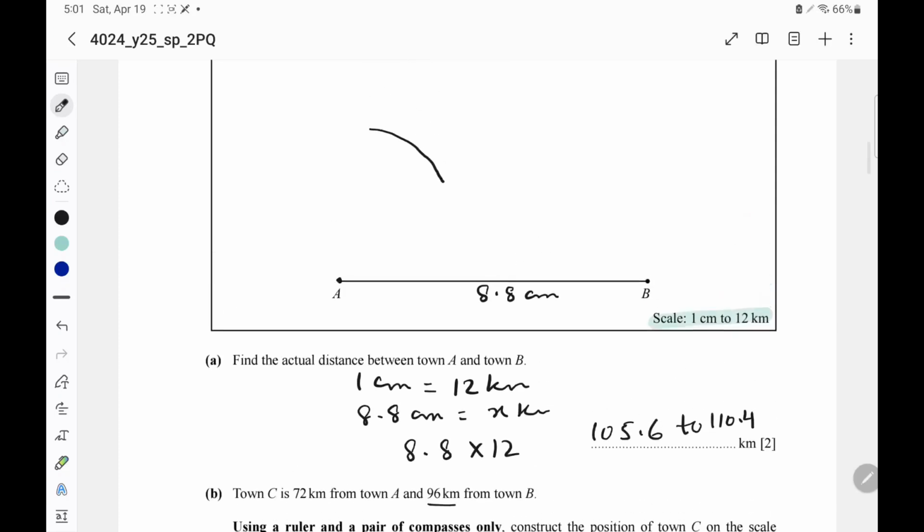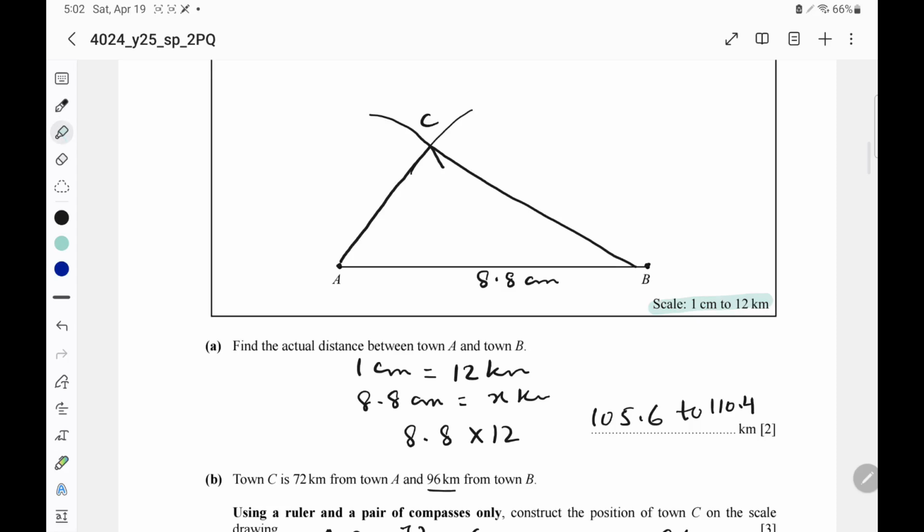From B, you will put your needle at B and open up your compass. From the ruler you can measure 8 centimeters and draw an arc. Wherever both the arcs are intersecting, that is your C position. Use your ruler and join the points, and make sure also that it is 6 centimeters and 8 centimeters. Okay, sorry.